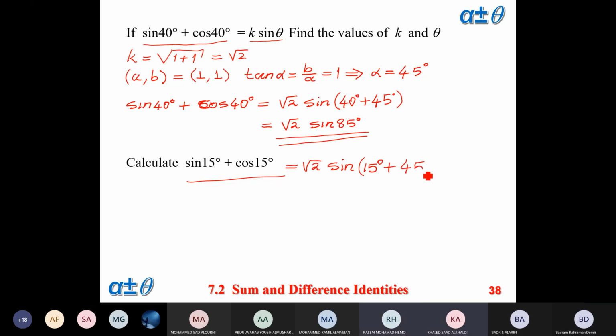It will be 45. So it is root 2 times sine of 60. Sine of 60 is root 3 over 2. So it is root of 6 over 2.